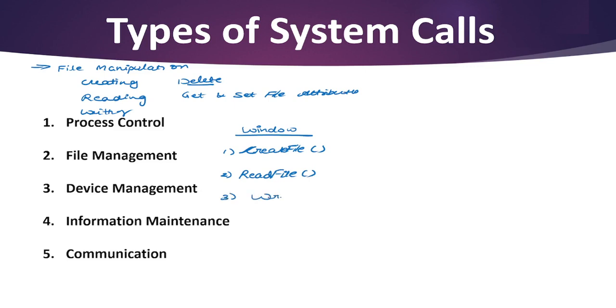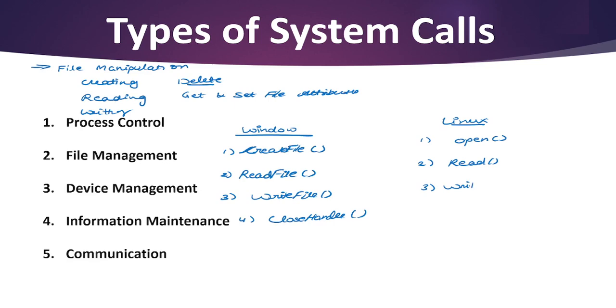Third is WriteFile. Fourth is CloseHandle. These are Windows functions. Now let's talk about Linux functions. First is open, second is read, third is write, and fourth is the close function.